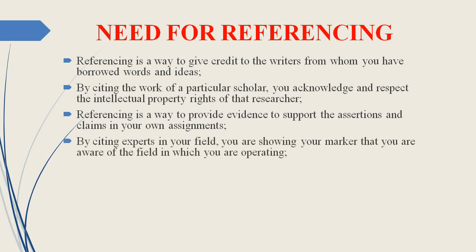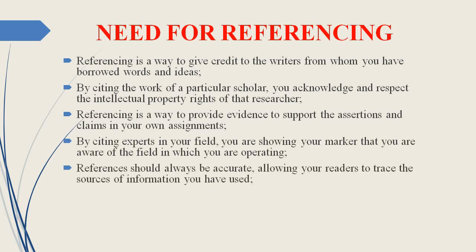It is to the writers from whom we have borrowed our work. It means those authors whose work we have read, whose work has inspired us. It is a way to give credit to their ideas, to their words, which have influenced our idea, our work. That is the first important point.